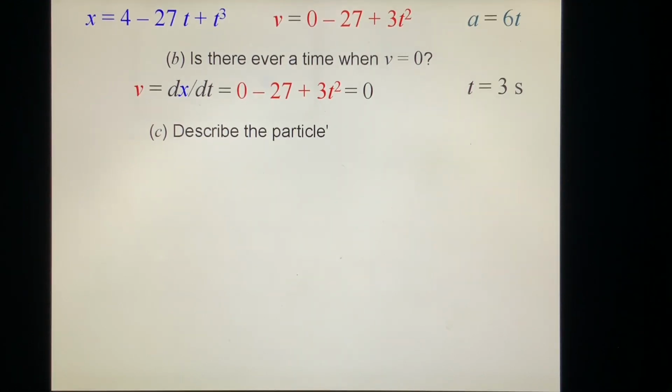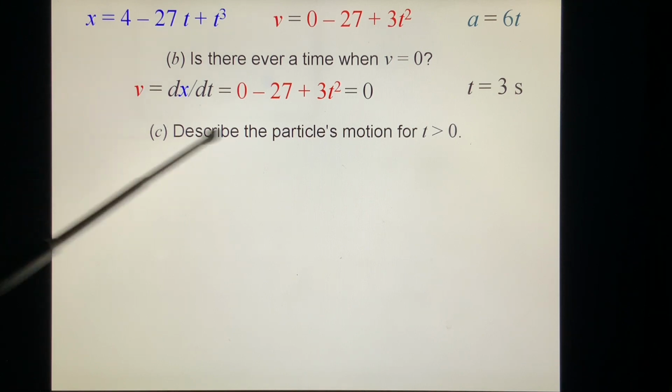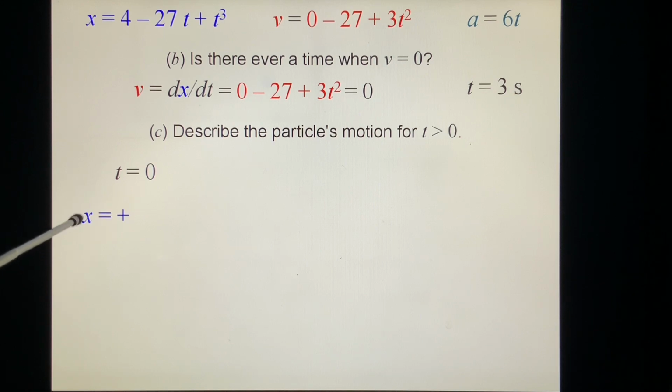Question C. Describe the particle's motion for t larger than 0. When we describe the motion, we describe three things: position, velocity, and acceleration. At t equals 0, we get x equal to 4.